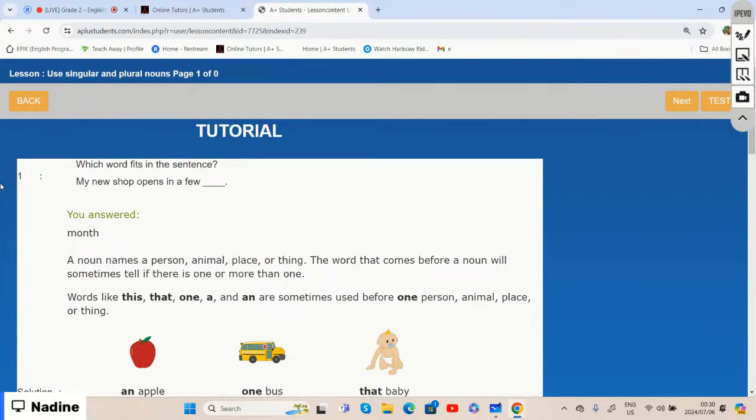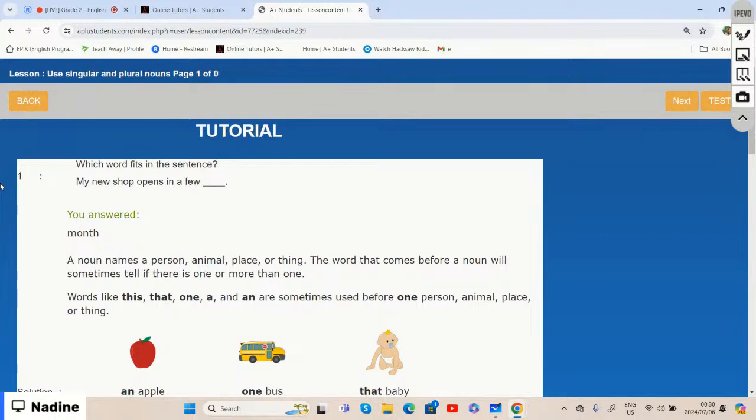And then we have plural, which refers to more than one animal, place, person, or thing, right?